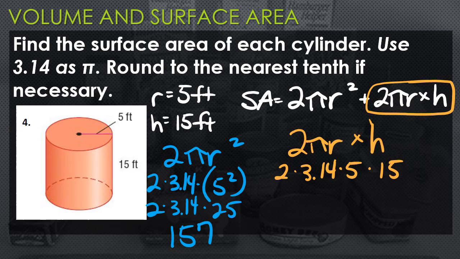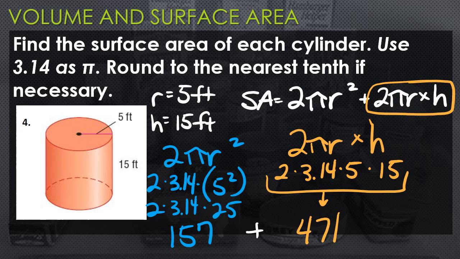You see I'm just typing the numbers in, double checking to make sure my math is correct. That gives us a surface area for our rectangle of 471 feet squared. Let's add those together. When we add these two together, it gives us a total combined surface area of 628, and we're dealing with feet squared.